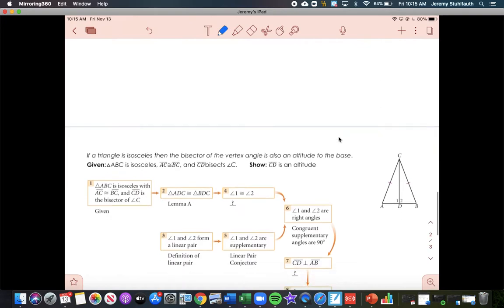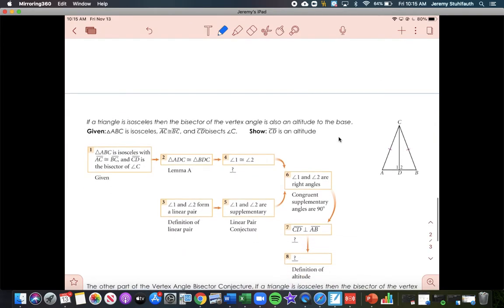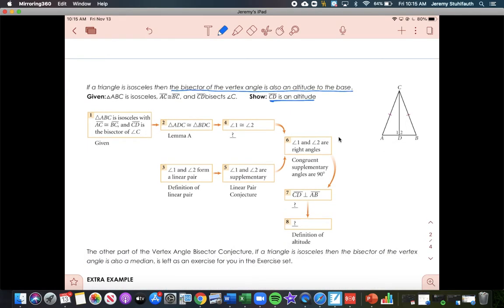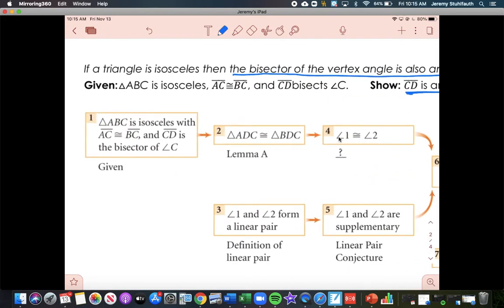Now, what we wanted to do is prove that CD is an altitude. Remember, the conjecture we're trying to prove is that for an isosceles triangle, the bisector of the vertex angle is also an altitude to the base, and it's also a median. So again, we state everything that we have.